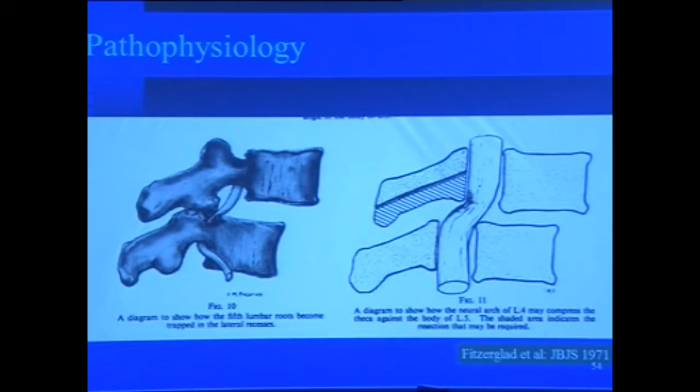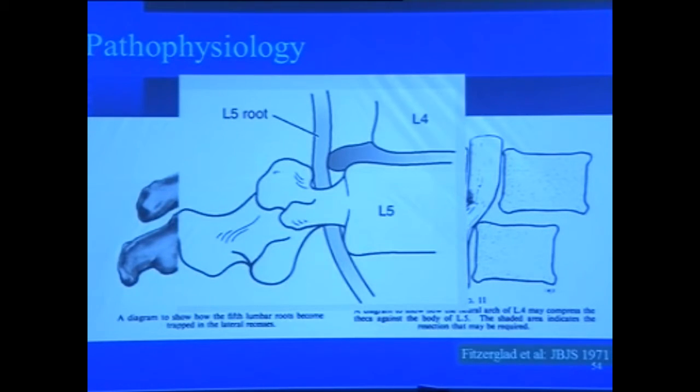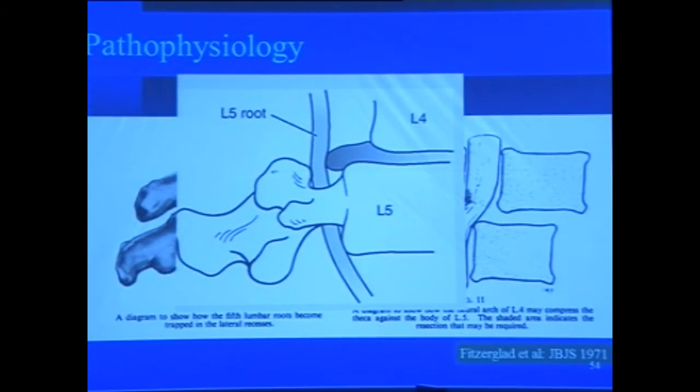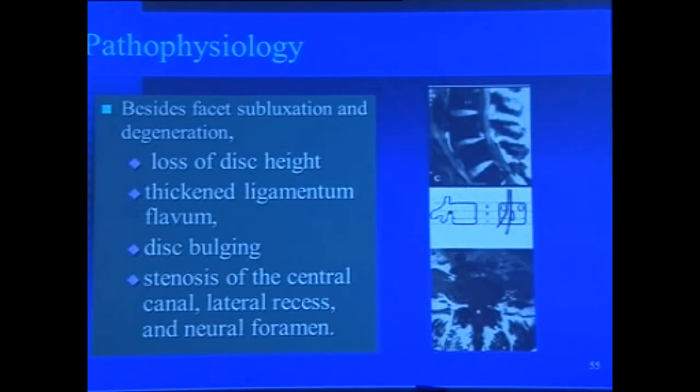If we look at the L5 nerve root, it gets entrapped in the lateral recesses, and the inferior neural arch of the L4 vertebra tends to press upon the dural sac and produces the symptoms of back pain and neurological deficit. This is the way it is being pressed from the anterior side by the disc and from the posterior side by the L4 neural arch.